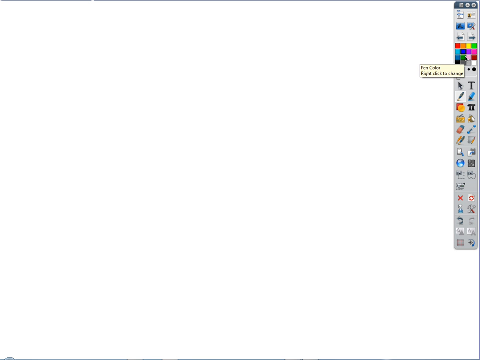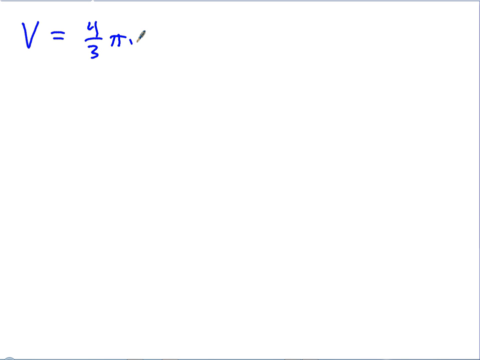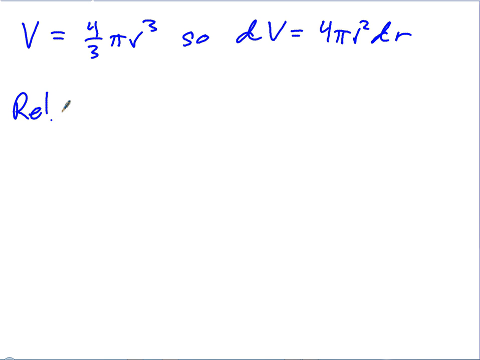So we said that V equals 4/3 pi r cubed, and you already told me, I'm just rewriting this, that dV equals 4 pi r squared dr, right? Relative error equals dV over V. Can you think of a trick to make this calculation even easier before I start plugging numbers in and calculating quantities?